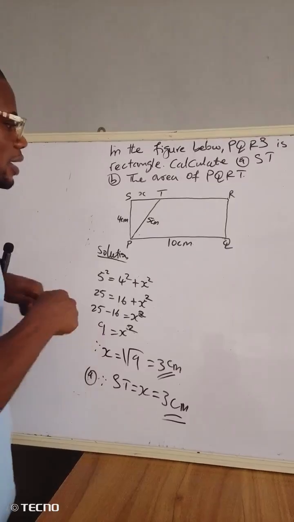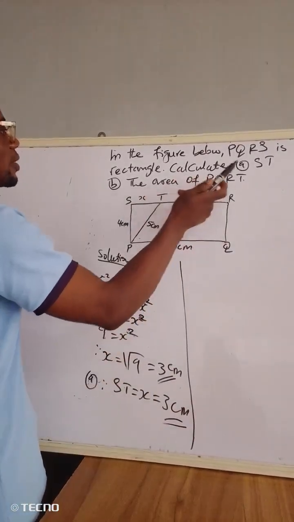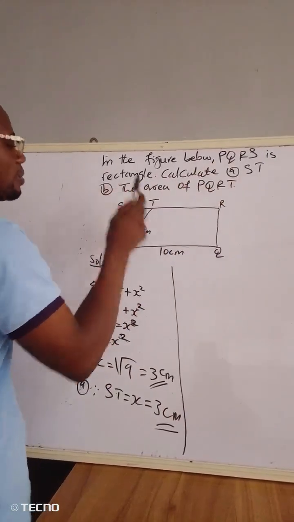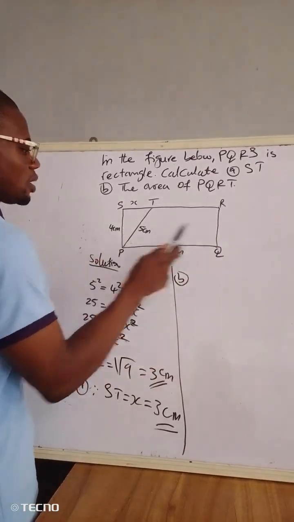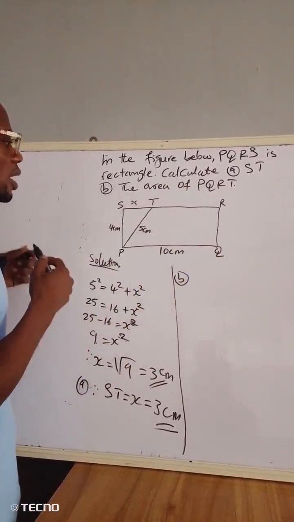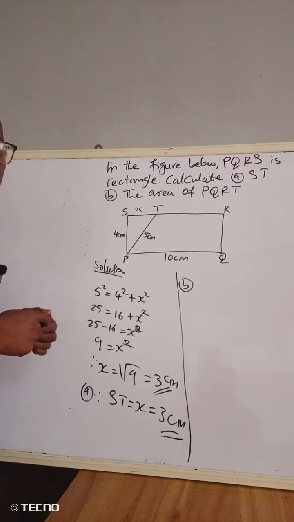Now, talking about the B part that asks us to calculate the area of PQRT. The area of PQRT is the area of a trapezium.